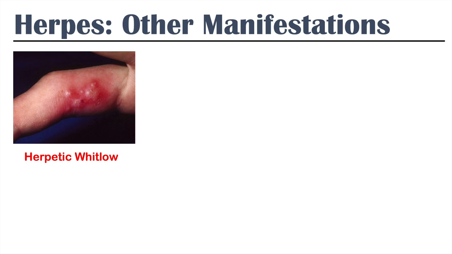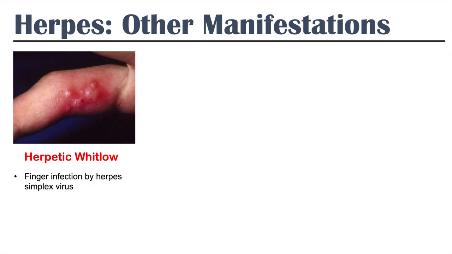Now, I want to also talk about other manifestations of herpes. We can get what we call a herpetic whitlow. Basically, this is an infection of herpes simplex virus on a finger. Perhaps you've had a cold sore on a lip, and you had a break in the skin, or something else that leads to an inoculation of a finger.